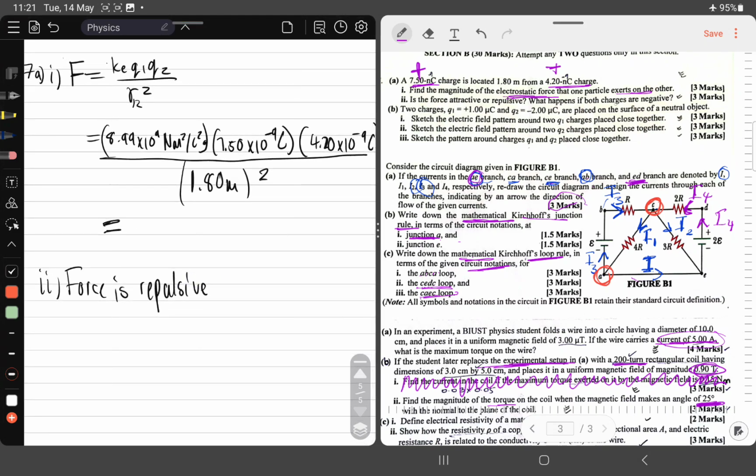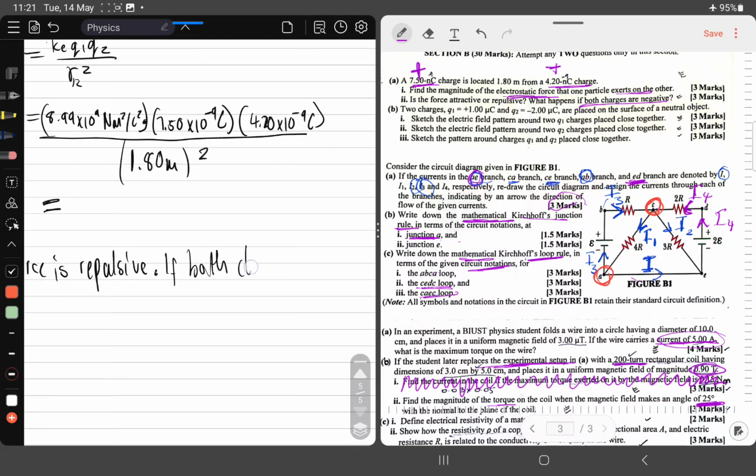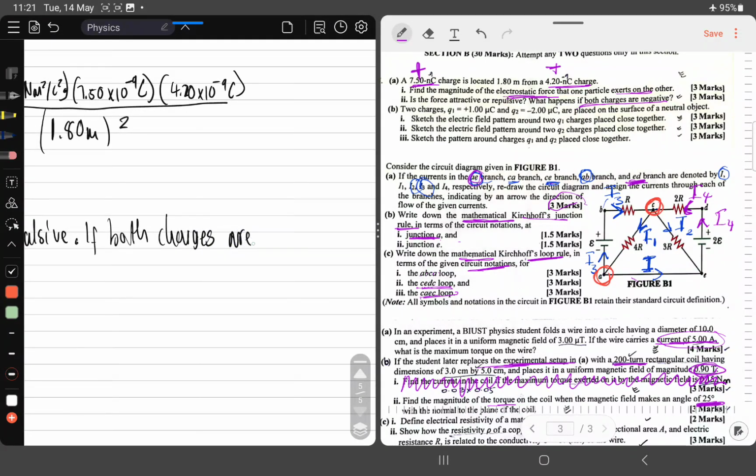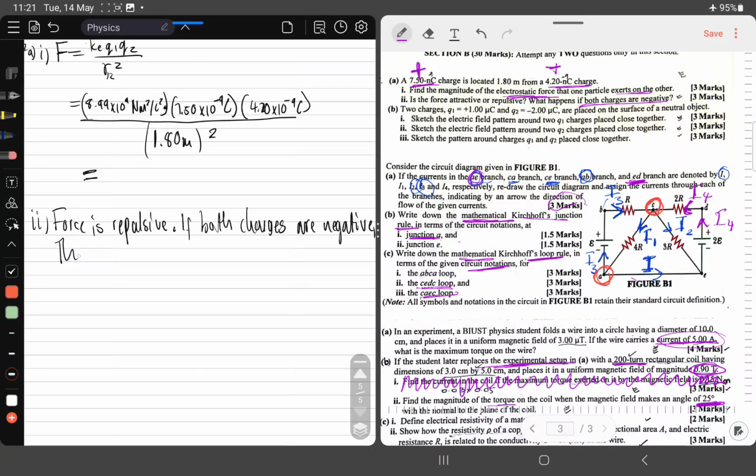Then they ask, what happens if both charges are negative? If both charges are negative, the force doesn't change. The force remains repulsive, and the magnitude of the force remains the same.